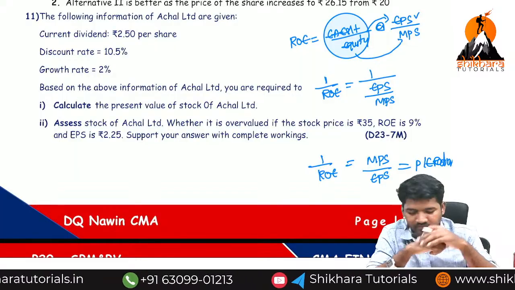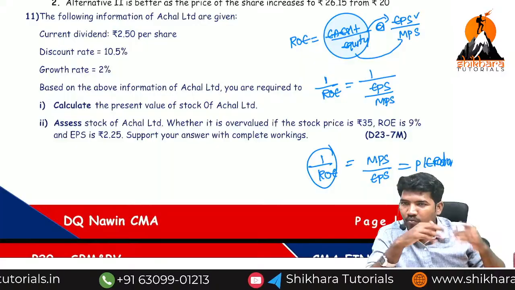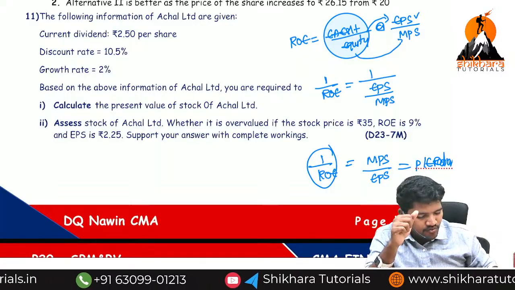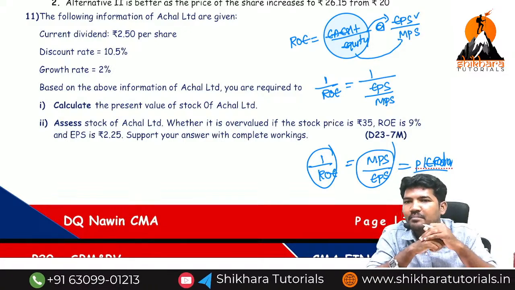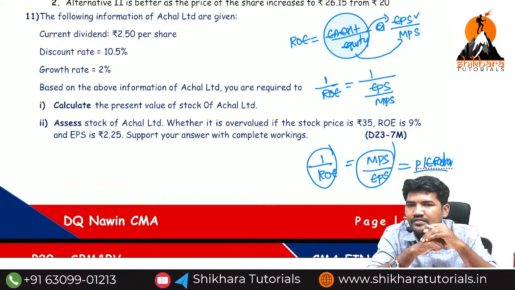Clear? Now we can use the word 1 divided by ROE, or you can also use the name PE ratio. The formula will be the same. What's the formula? MPS divided by EPS.